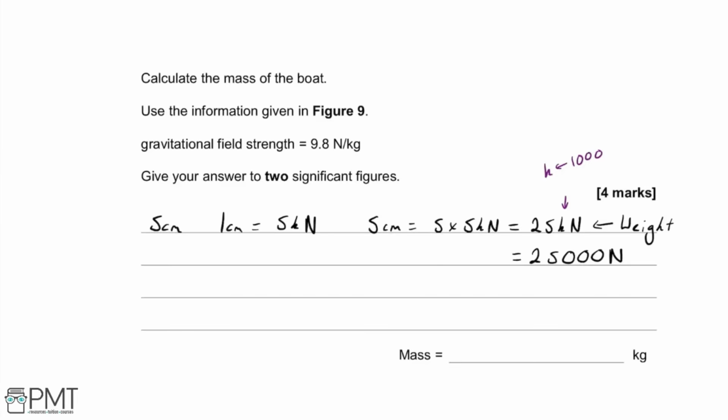So next we're looking for the mass of the boat, not the weight. People can get confused between mass and weight because away from physics they can be used interchangeably sometimes in just day-to-day life, but they are different. Weight is a force and it's measured in newtons, and mass is measured in kilograms.